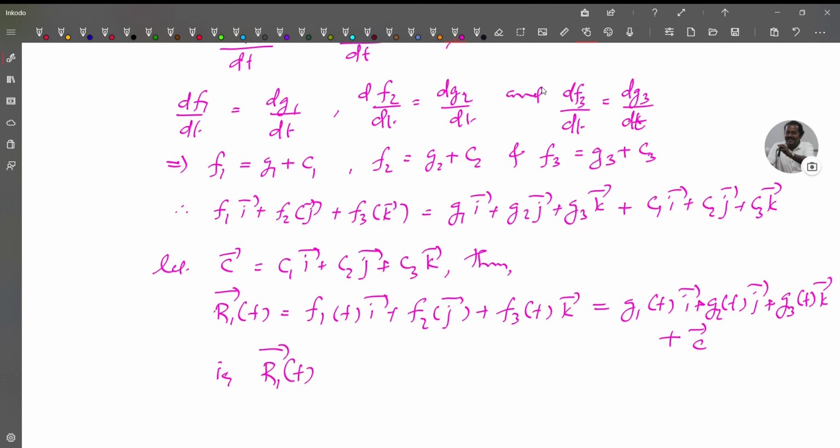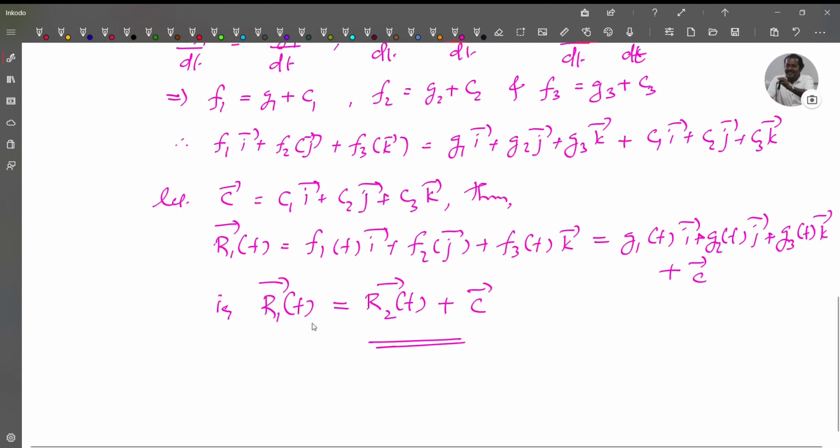You know that g1 of t i plus g2 of t j plus g3 of t k is r2 of t. So r1 of t is equal to r2 of t plus vector c. If r1 and r2 have identical derivatives, then they differ by a constant vector. So here the constant vector is c.